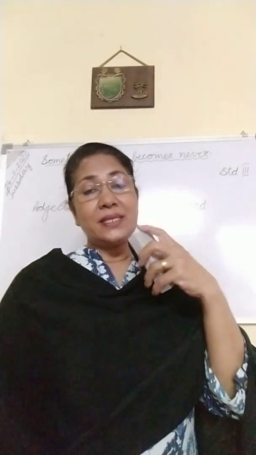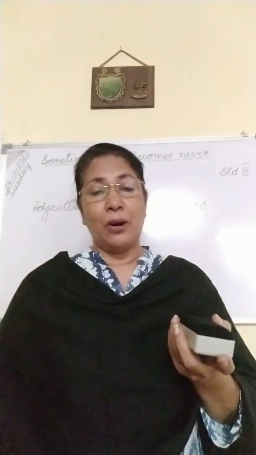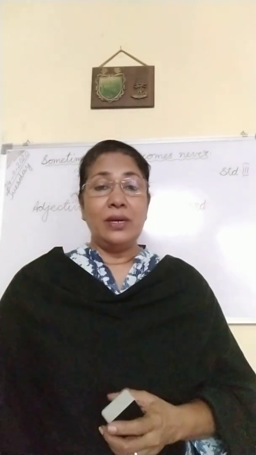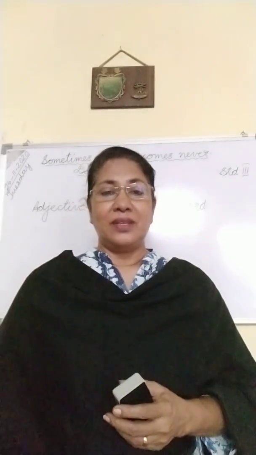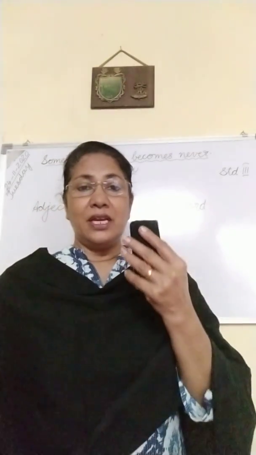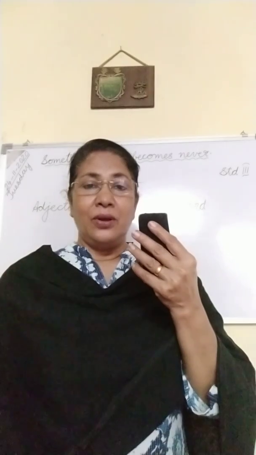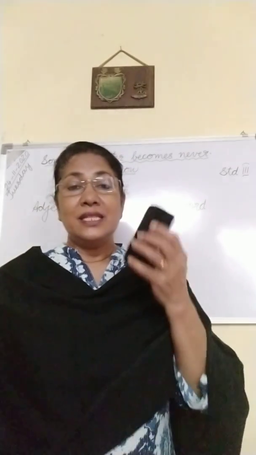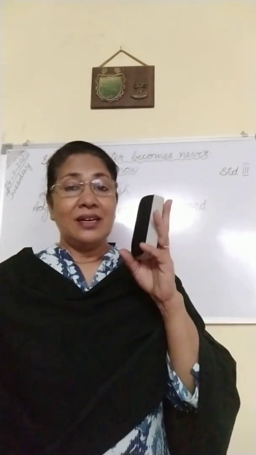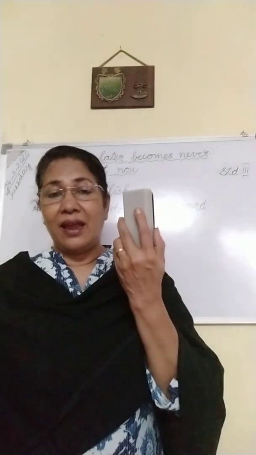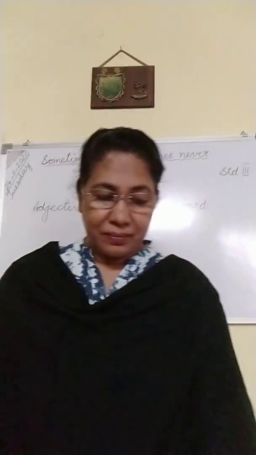So what we say about or describe about a noun or a pronoun is called adjective. Now you understood, black and grey are the adjectives of the duster.